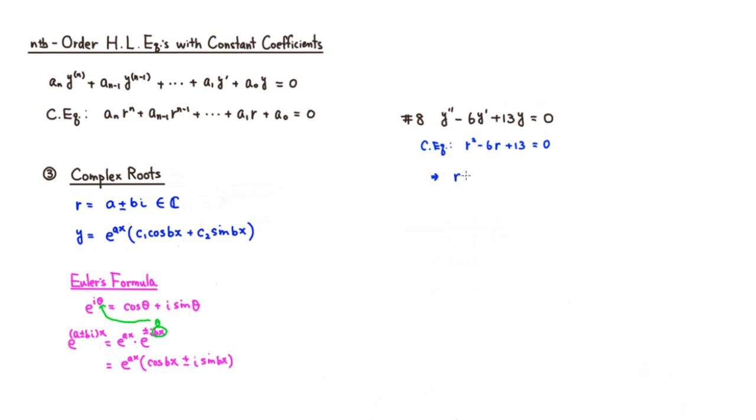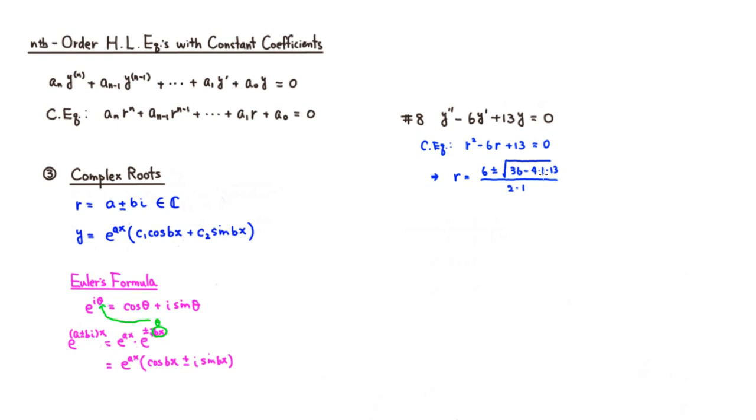So r is equal to negative b, which is positive 6, plus or minus the square root of 6 squared, which is 36, minus 4 times a, which is 1, times c, which is 13, over 2 times a, so 2 times 1.